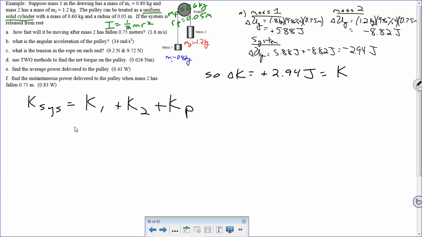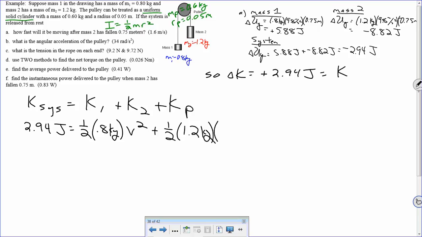Okay, well, let's see what that is. So we've got 2.94 joules equals 1/2 mass 1, which is 0.8 kilograms, times its velocity squared, plus the kinetic energy of mass 2, which is 1/2 of its mass, 1.2 kilograms, times its velocity squared, but it's the same velocity, right? Because the whole system is moving together.